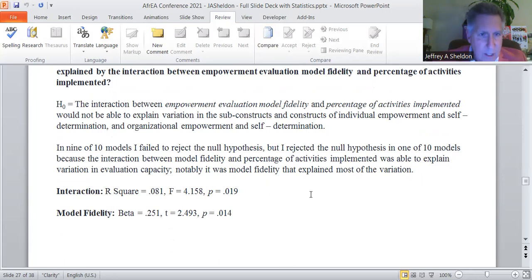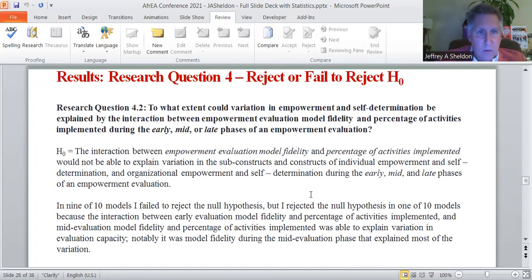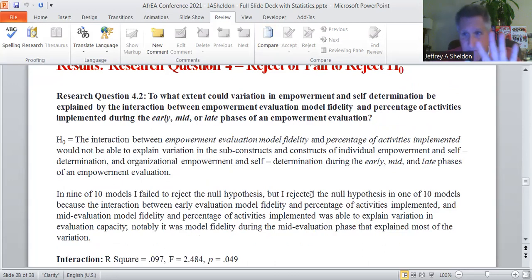Okay. So the second of 5 sub-questions under research question 4: What was the extent that variation in empowerment self-determination could be explained by the interaction between empowerment evaluation model fidelity and the percentage of activities implemented during the early, mid, and late phases of the empowerment evaluation?